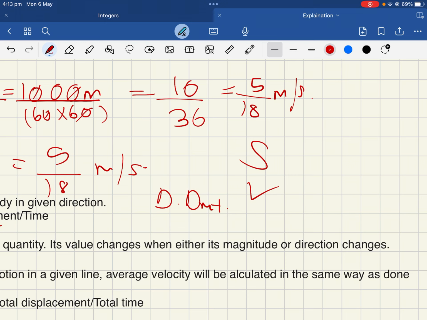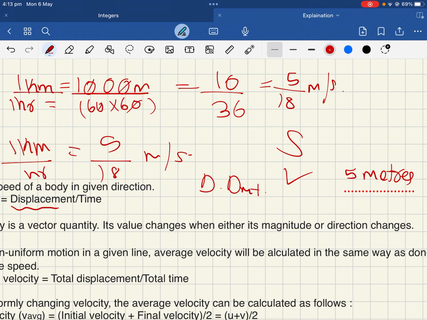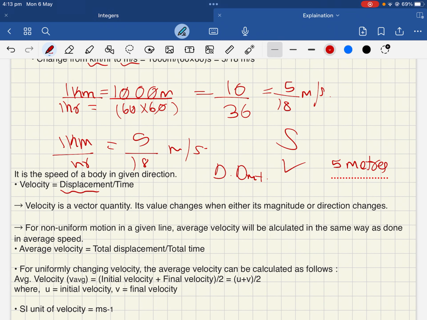But let's say, how do we calculate displacement? You may have a question. Well, we will learn about that later, but let us say that we have a displacement of 5 meters, and it takes 9 seconds to cover.